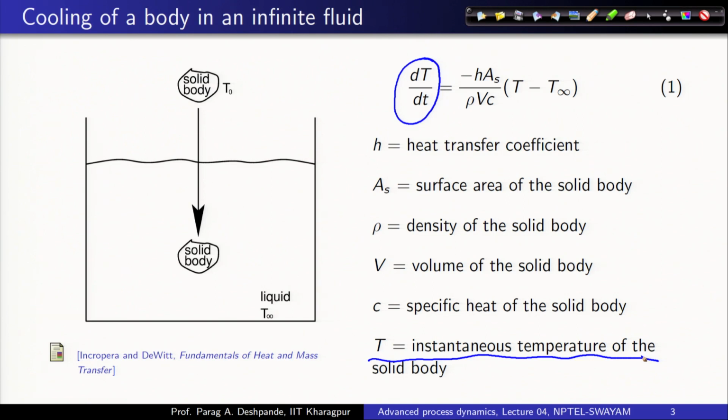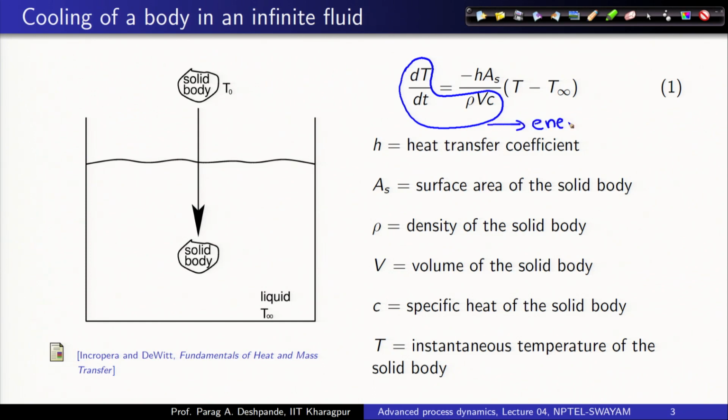And it is not very difficult to see how this equation comes. So, you have dT by dt multiplied by rho V c, which is nothing but d by dt of m c p T, which is the energy content of the body.